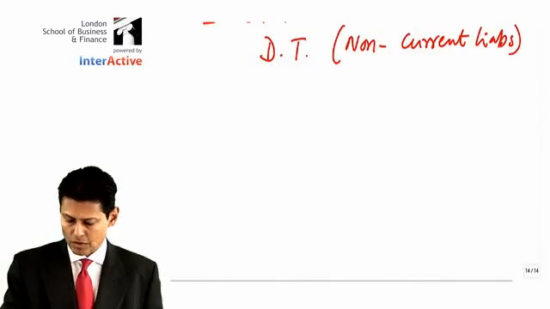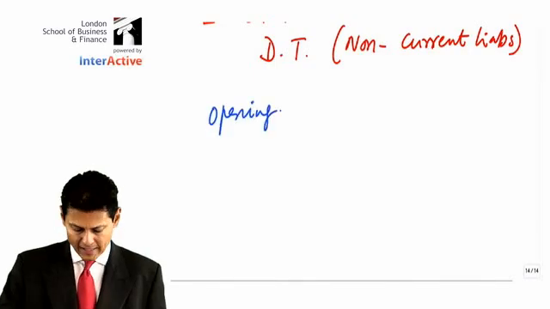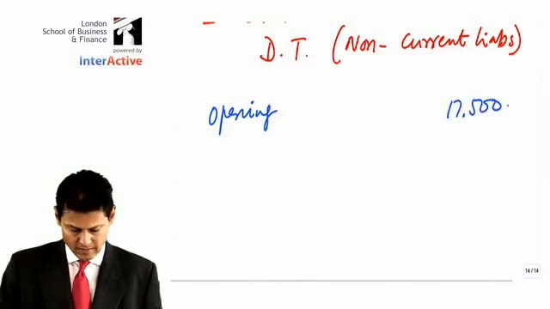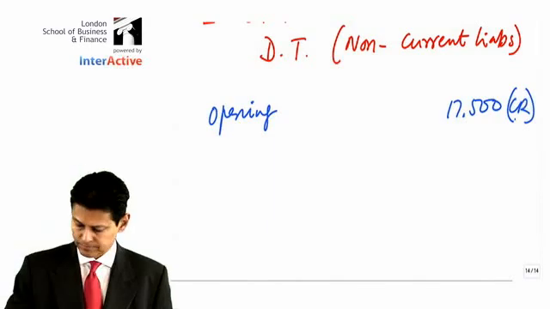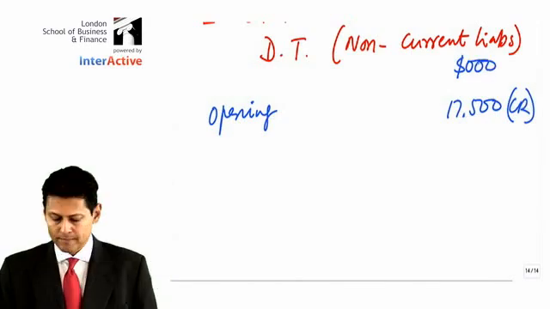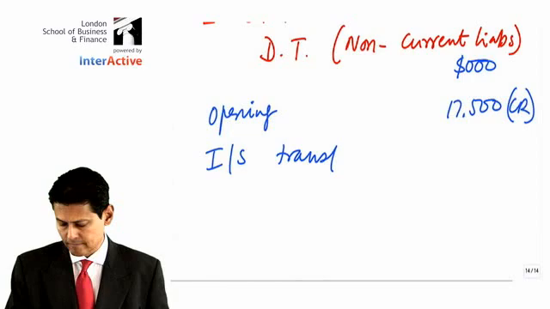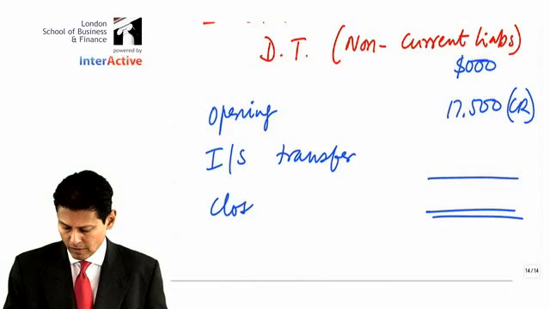So, what do we have? We have an opening balance of 17,500. In the trial balance extract, it's shown as a credit item. No problem. You have your income statement transfer. And then you have your closing balance.